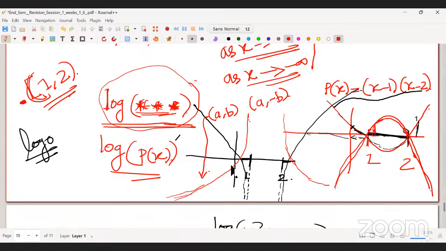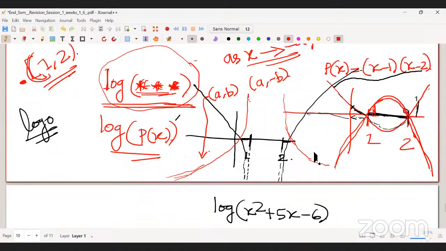In some sense, you will certainly have two asymptotes, because it's going in between 0 and 1; you will get one asymptote, and also one more asymptote from the other side.